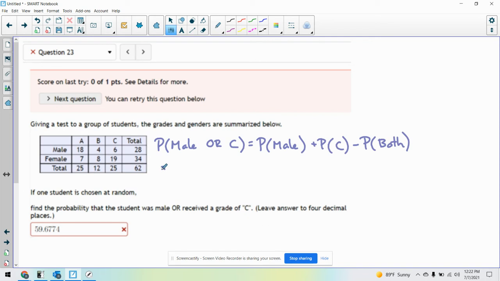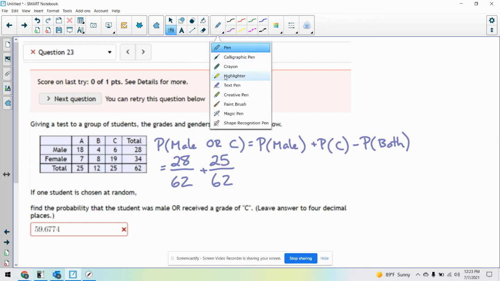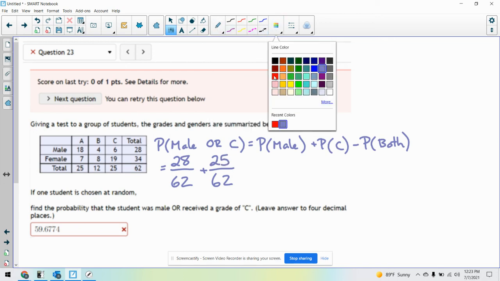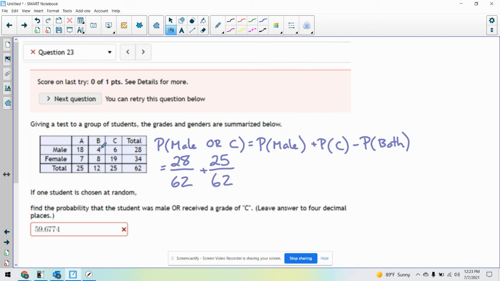So the probability of picking a male from this group, well, there's 62 people total. Probability of picking a male, there's 28 males. Plus the probability of picking someone with a C, 62 people total. A C, 25 people got a C. So if you'll notice, the first number, 28 over 62, I got the 28 by adding up all the males.